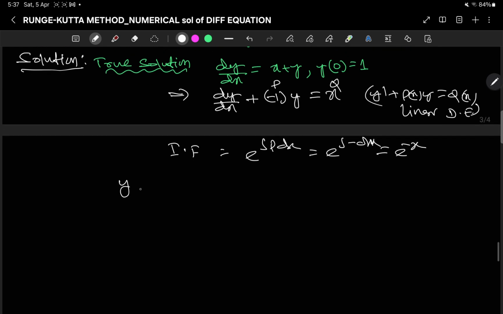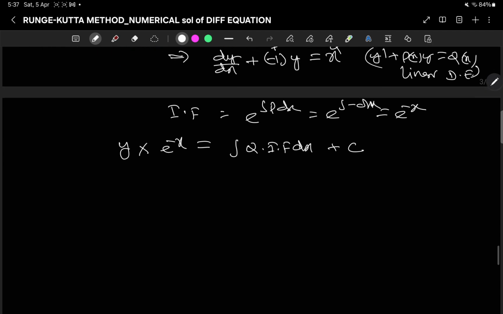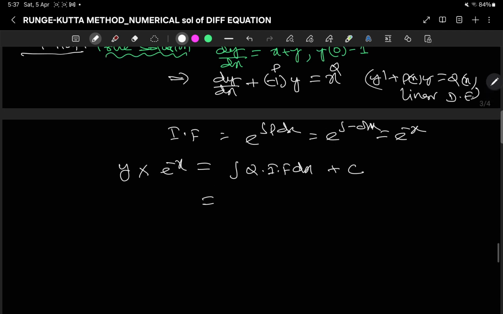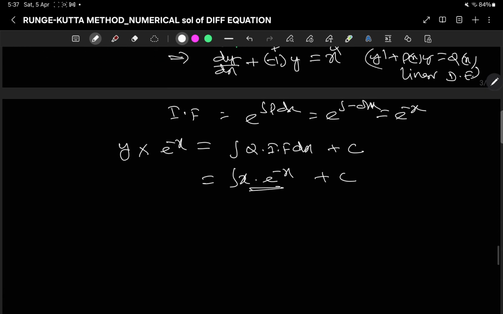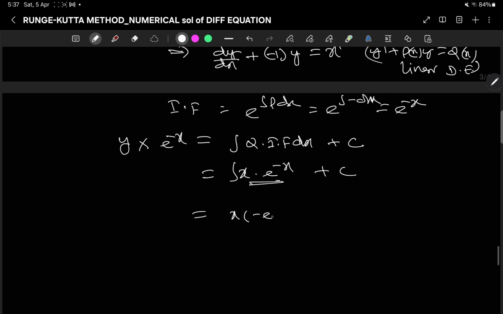Then the general solution is y into integrating factor is equal to integral of q into integrating factor plus some constant. That means x into e to the power minus x plus some constant. If you integrate using by parts: x times minus e to the power minus x, then the derivative of x is 1, and the integration of e to the power minus x is again minus e to the power minus x, into minus, so it is minus x plus some constant.